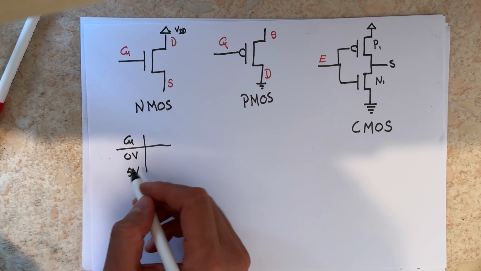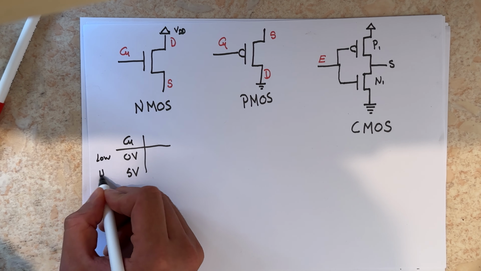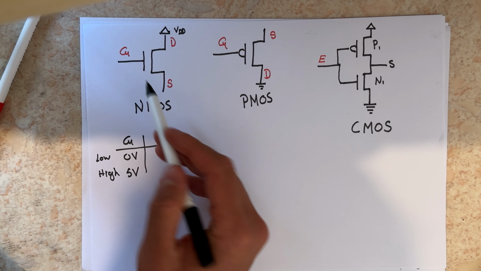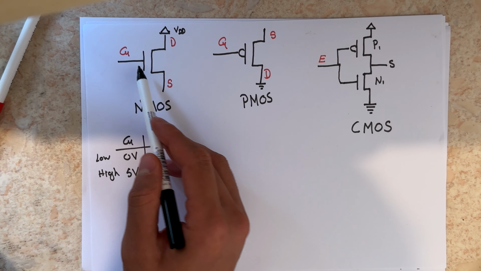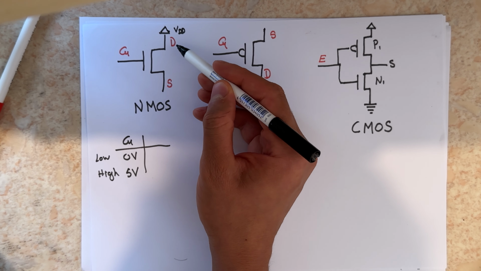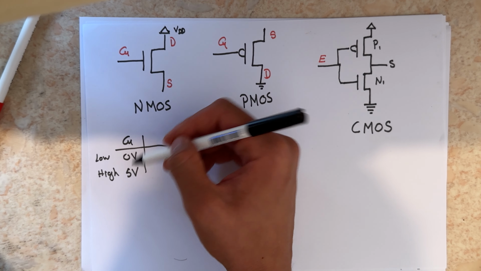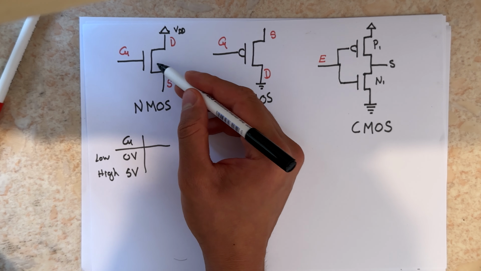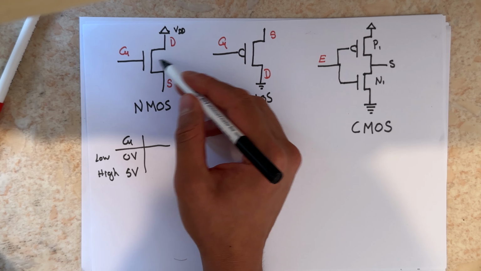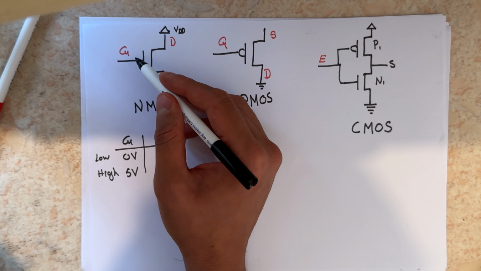But here, this one being low and this one being high, when you apply 0 volts in an nMOS, you wouldn't connect these. It is as if you're not connecting it. Think of the gate as a switch.